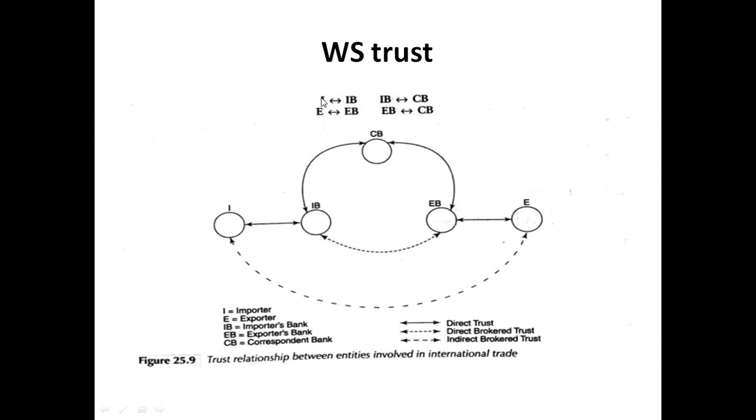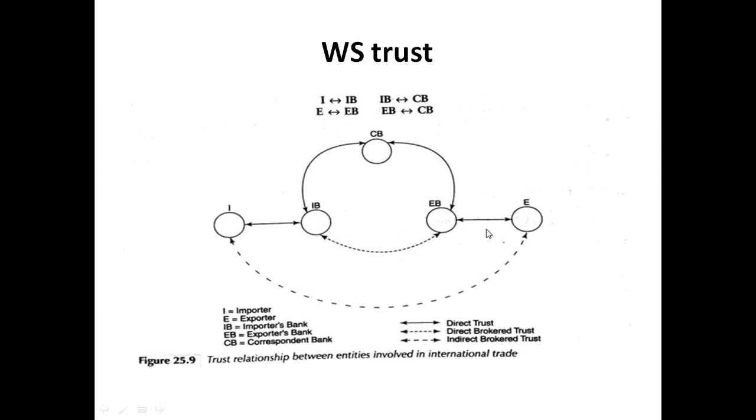First, I is going to have trust in IB, which is a local bank. Then IB is going to have a trust relationship with the correspondent bank, that is CB.